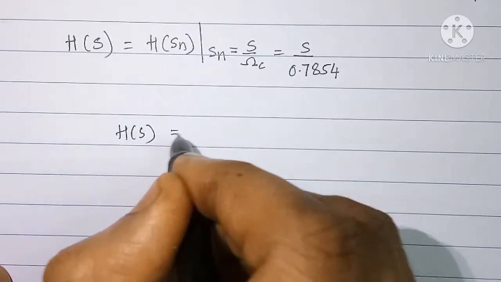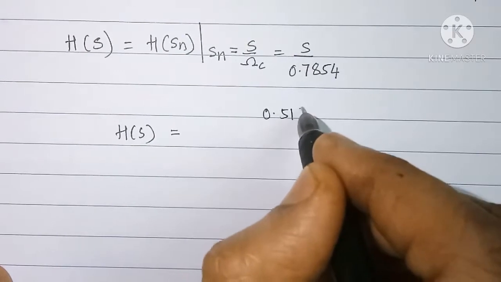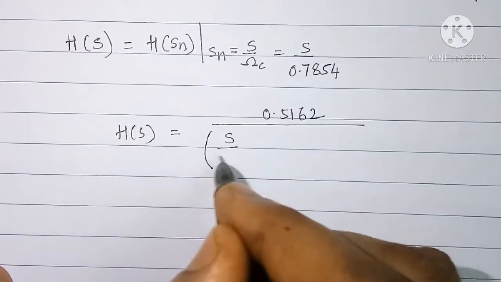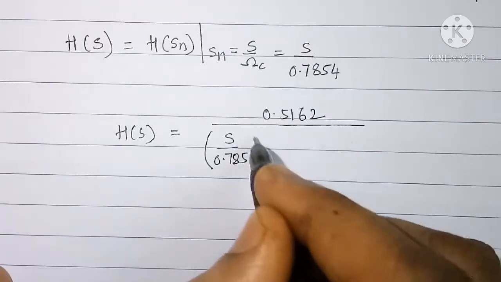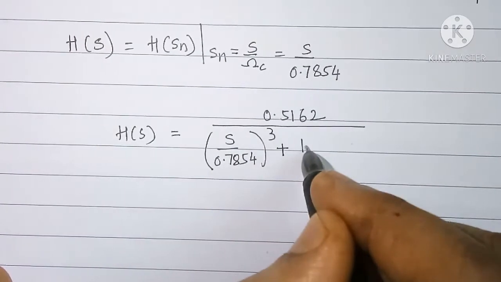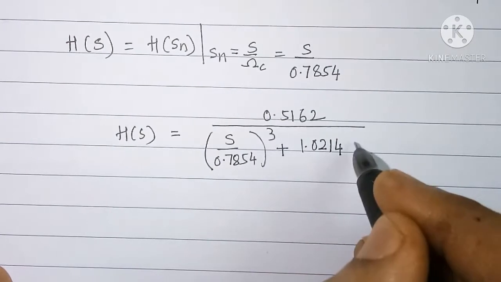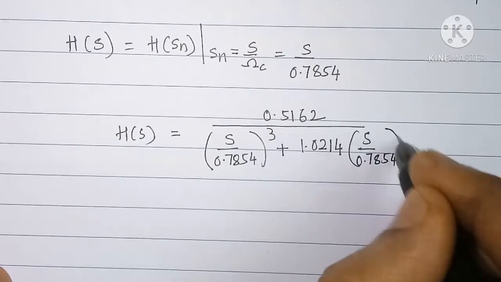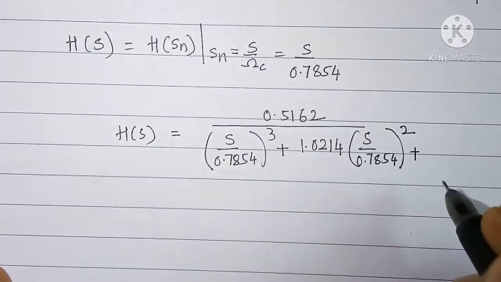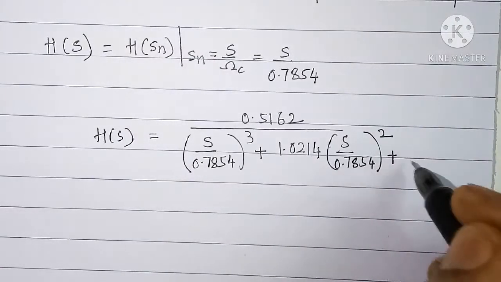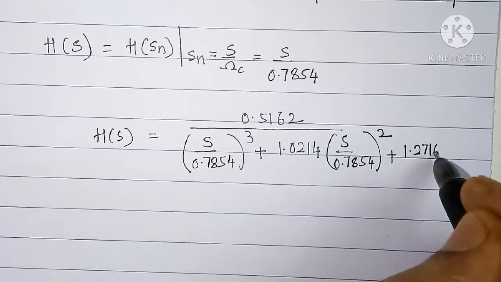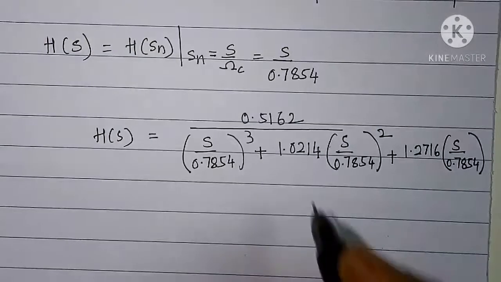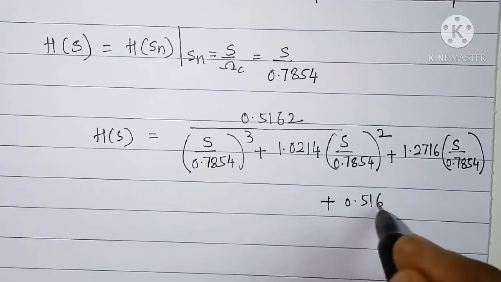So h of s is equal to 0.5162 divided by (s by 0.7854) whole cube plus 1.0214 (s by 0.7854) whole square plus 1.2716 (s by 0.7854) plus 0.5162.